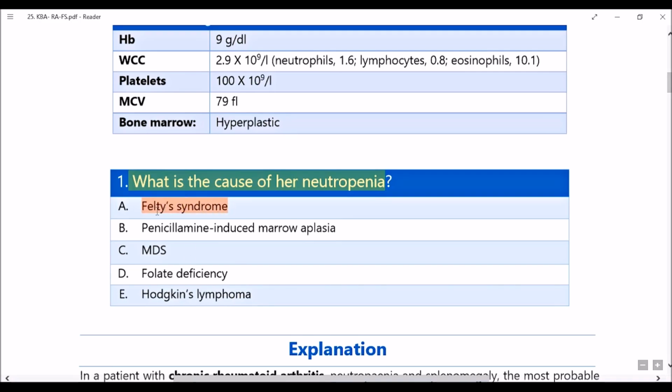Immediately after reading the options, the third step is to think about the SS box that we learned. Felty syndrome: we need to focus on RA, L for low WBC, and T for splenomegaly.